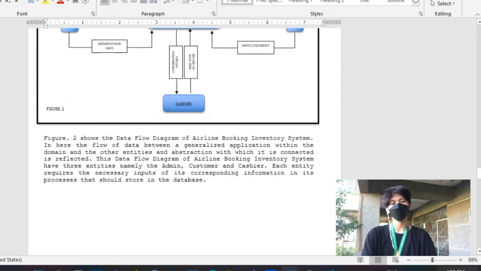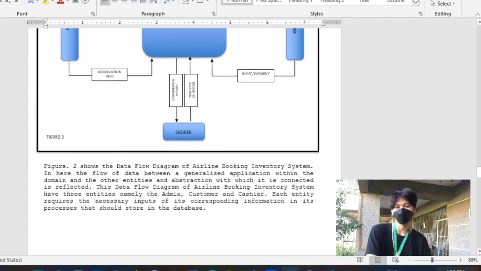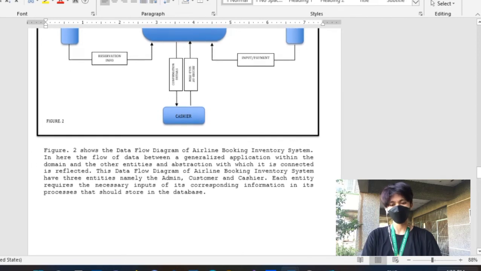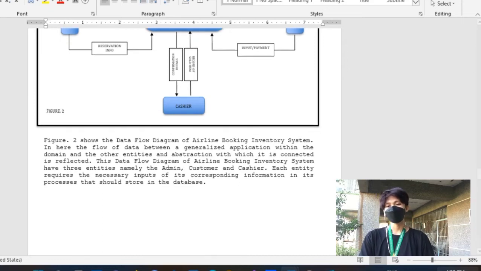This data flow diagram has three entities, namely the admin, customers, and the cashiers. Each entity requires the necessary inputs of its corresponding information in its processes that should be stored in the database.